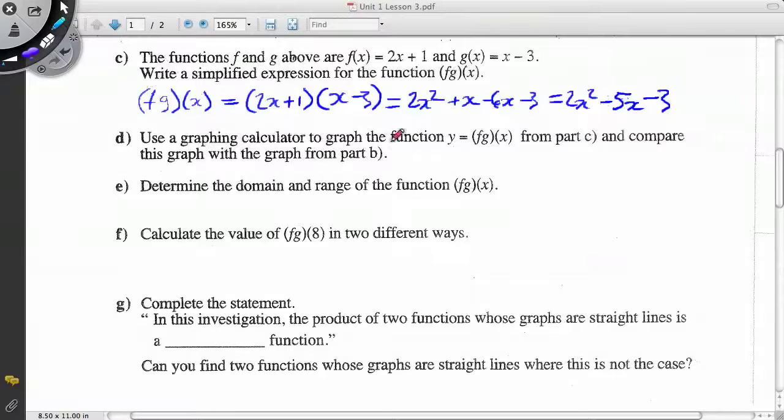Use a graphing calculator to graph this function. So you will see that it will turn out the way it was in the graph above. If you're going to graph this function here on your calculator, it should mimic what you had in the graph above. Determine the domain and range.